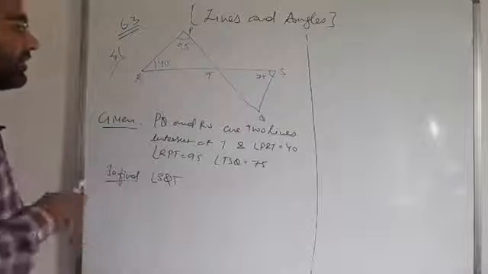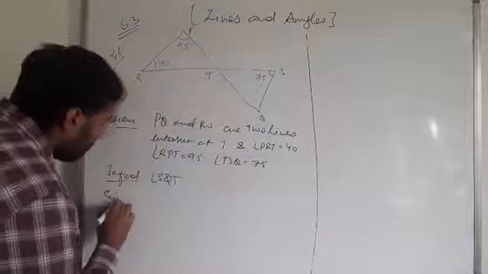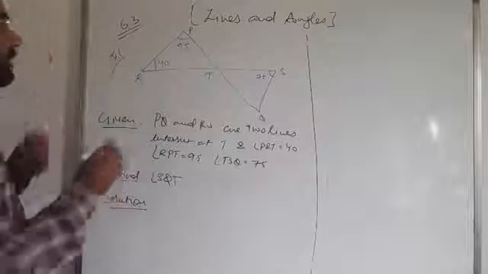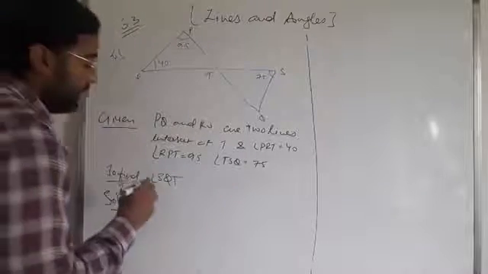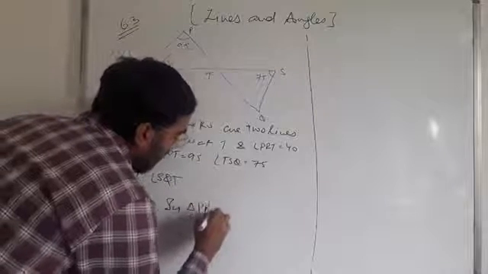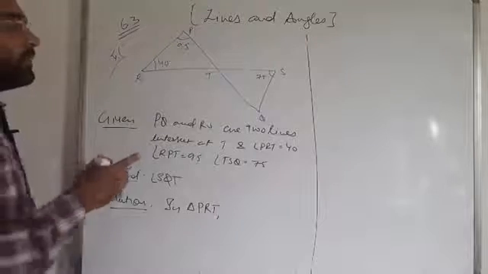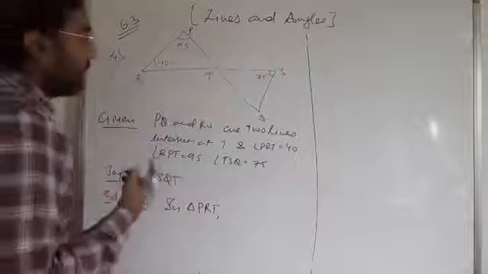So let's start the solution. In triangle PRT, we use the angle sum property: the sum of all angles is equal to 180 degrees.